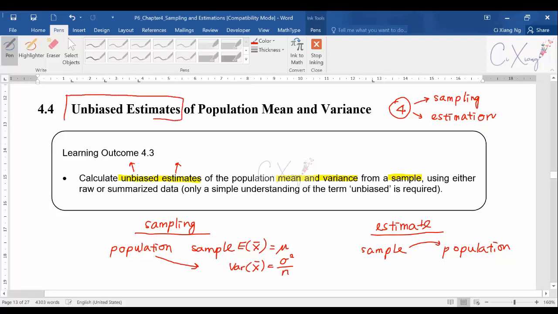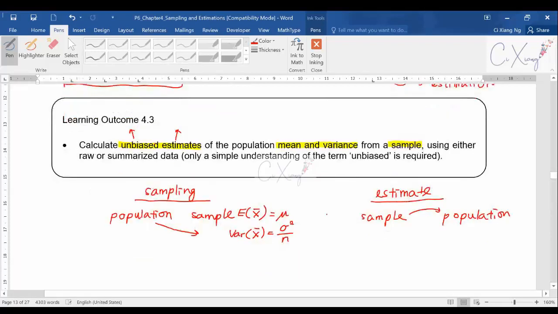But of course, all these are by theory, by formula. If you really try it in real life cases, you will see that it is usually still not so accurate. But by theory, the formulas that we learn, we call unbiased estimates. This is what we want to focus on now: how to use a small sample value to estimate the population's value.